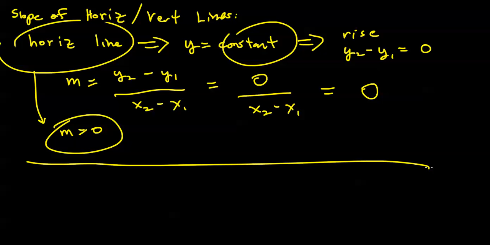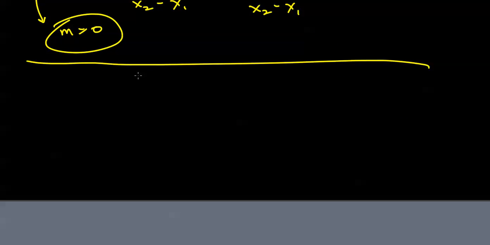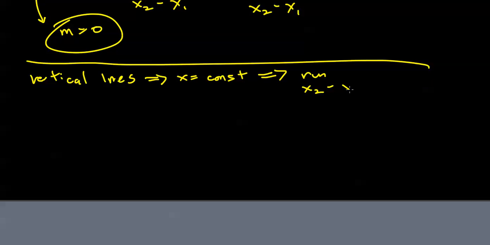All right, let's talk about vertical lines. Somewhat similar. Well, if your line is vertical, recall your equation looks something like this. That means x equals a constant in a vertical line, as we saw in our last section. That implies the run, namely the difference in the x coordinates, is always going to be 0.